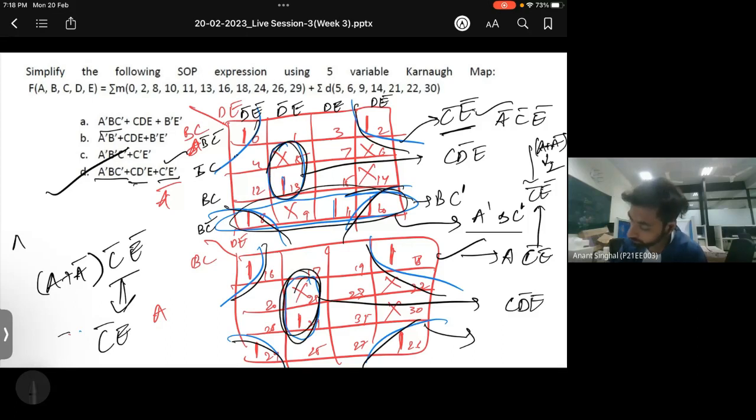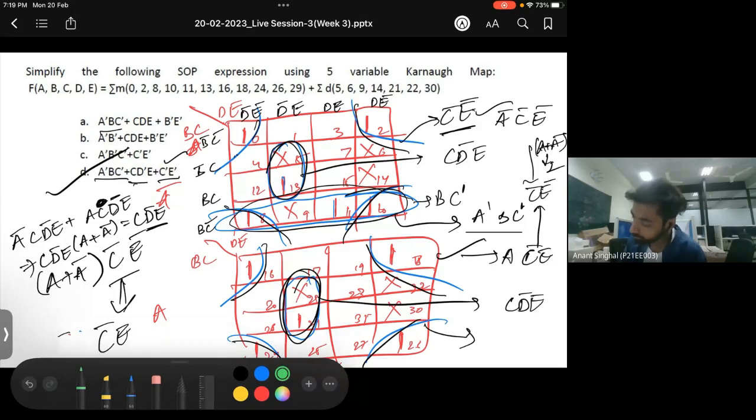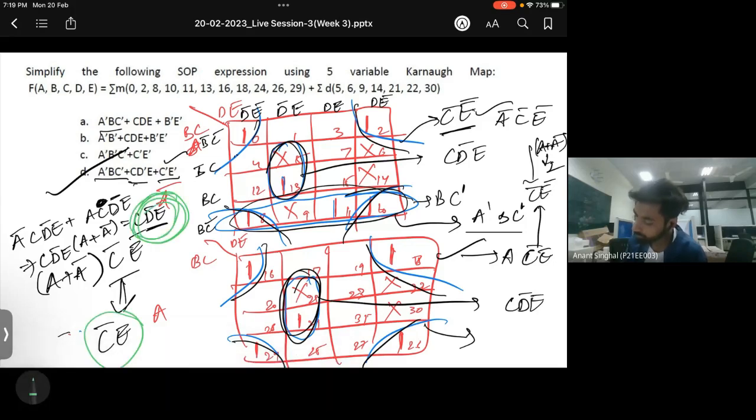When I write A bar C D bar E bar, A C D bar E, and take C D bar E common, it will be A plus A bar, which will give C D bar E. So one term will be this, one term will be this, and one term will be this. Sorry, and one more is there, which is this.